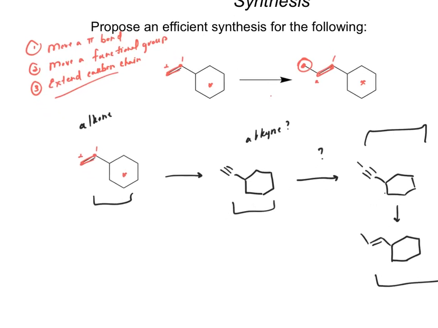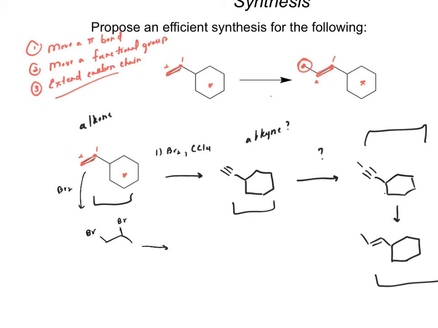So number 1, we can have this guy in the presence of bromine, the dihalide, in a non-nucleophilic solvent like carbon tetrachloride. I'm going to ignore the cyclohexane part because I don't want to draw that over and over again. That's going to give us our vicinal dihalide, right, when we add bromine to this guy.